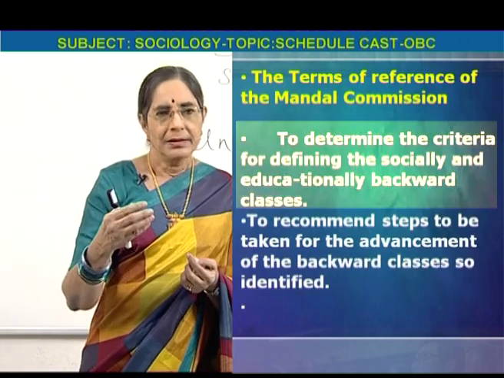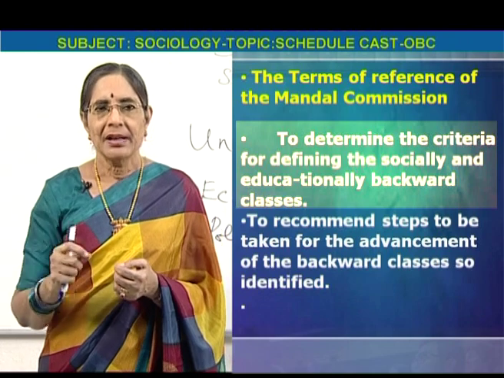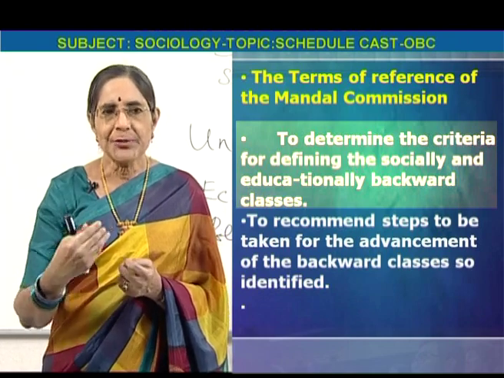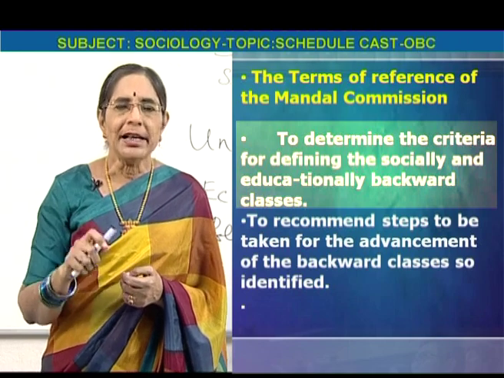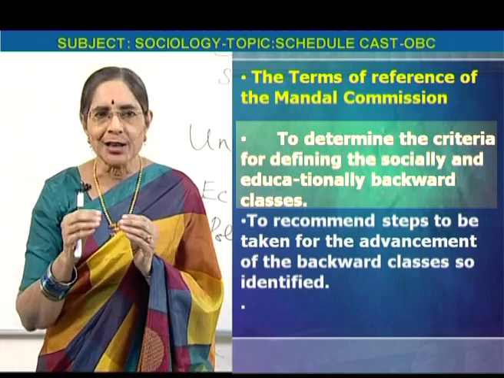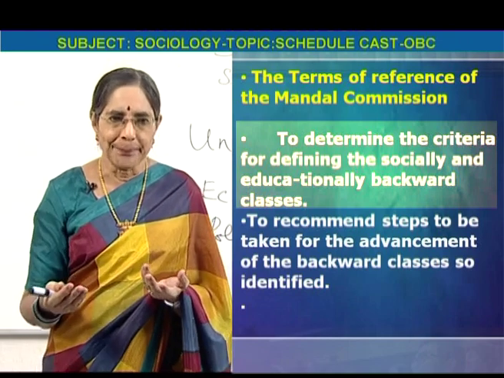This commission had certain aims. Let us see how these aims are framed. The first aim is they wanted to determine the criteria on the basis of which we can declare a community a backward community.